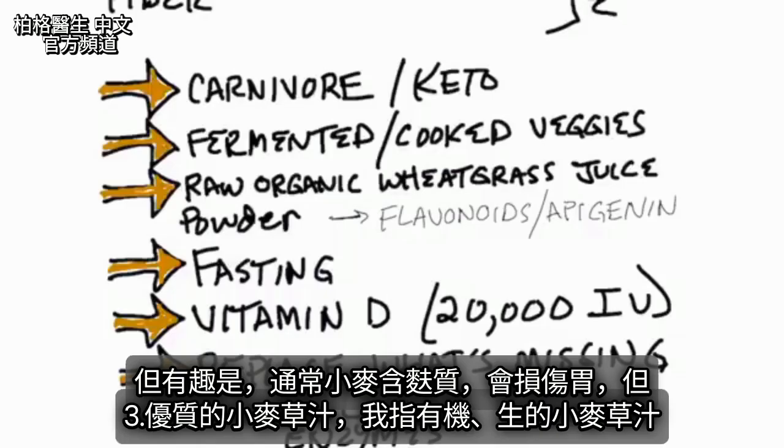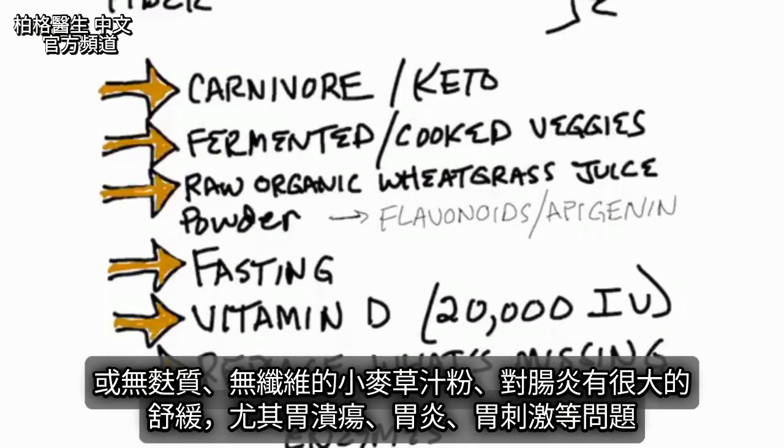However, this is interesting. Normally, wheat has gluten, it'll tear up your stomach. But if you have wheatgrass juice, a high quality, I'm talking organic, raw wheatgrass juice, or its powder, that comes without the gluten.